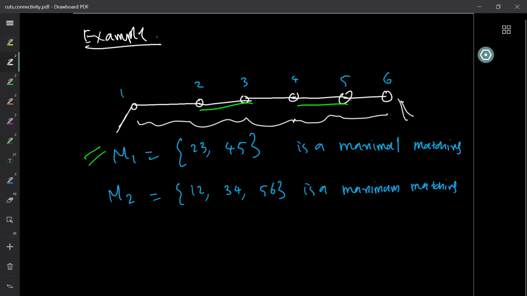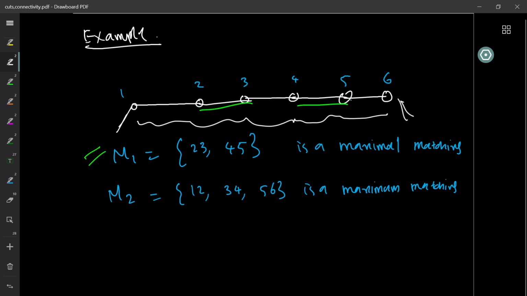So there are more edges which do not belong to the matching than edges that belong to the matching. Because you start with an edge which is not in the matching, you end with an edge which is not in the matching, and you alternate between them. Therefore, the number of edges in this M augmenting path which do not belong to the matching is more than the number of edges which belong to it. In fact, it's exactly one more.